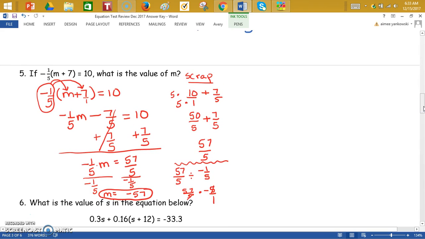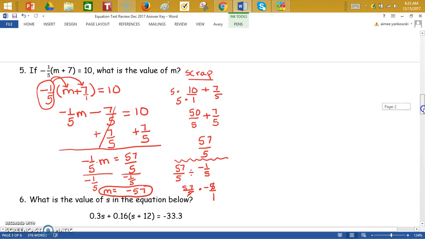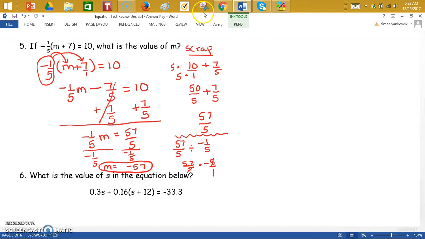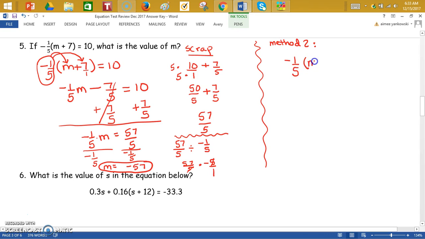Now, I'm pretty positive, because this is how she did it back in the day, what Mrs. Van Dyke likes to do, call this method 2. If she has a negative 1/5 times m plus 7 equals 10, she actually likes to undo this multiplication outside the parentheses first.